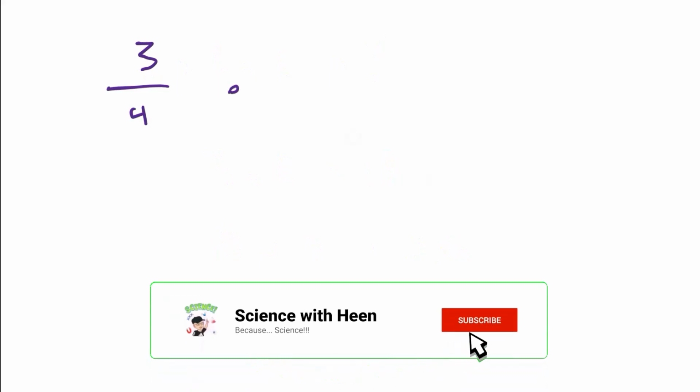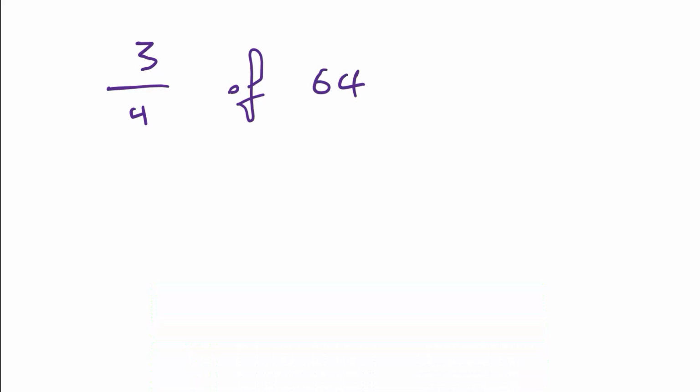Maybe the problem is asking you to find 3/4 of, what shall we say, 64. The problem wants you to find out 3/4 of 64. Well, of in maths just means times, doesn't it? So really it's 3/4 times 64.